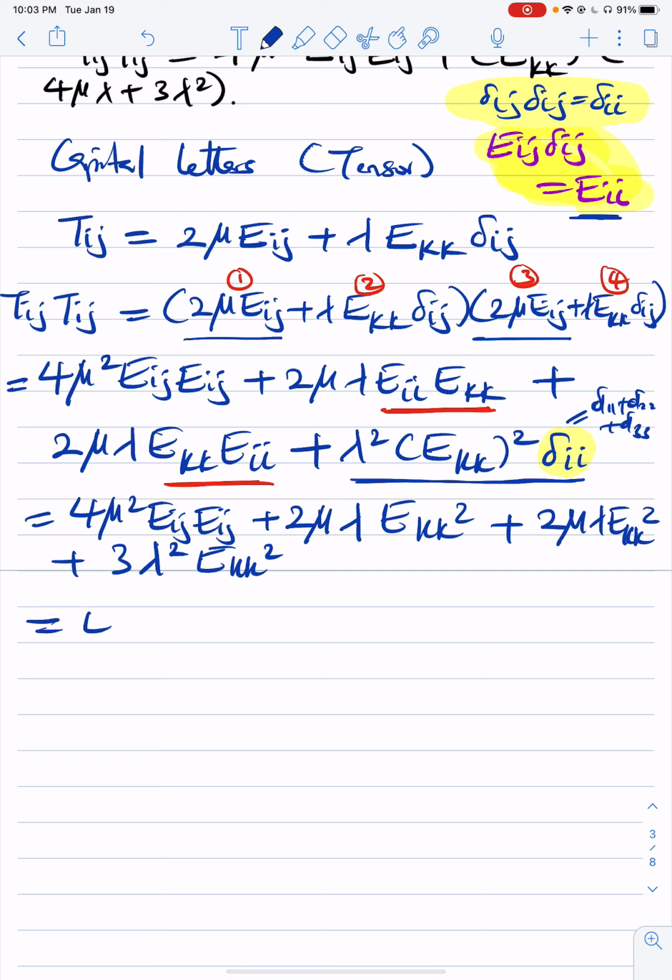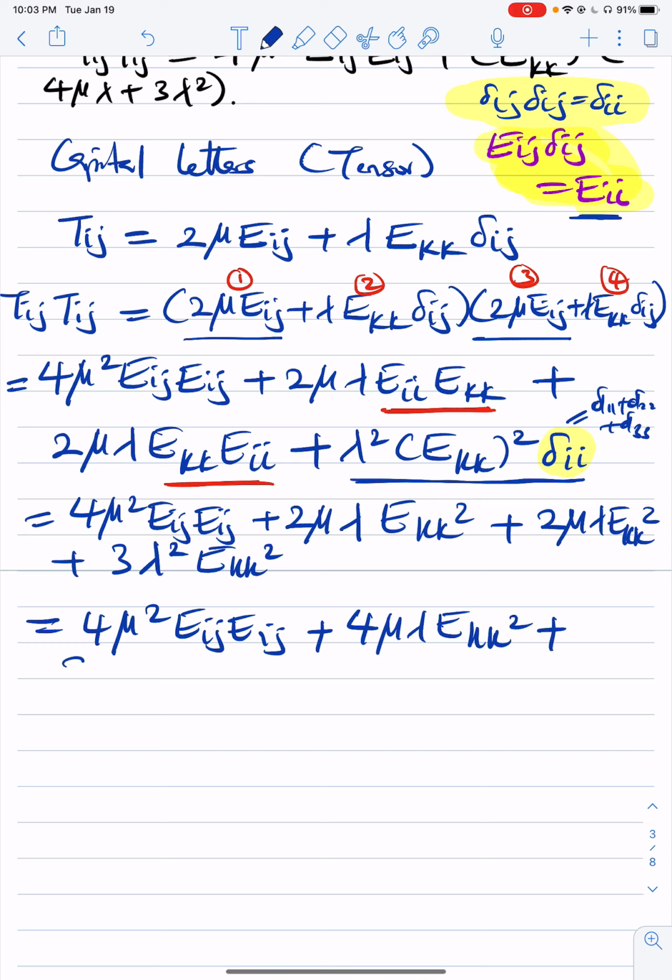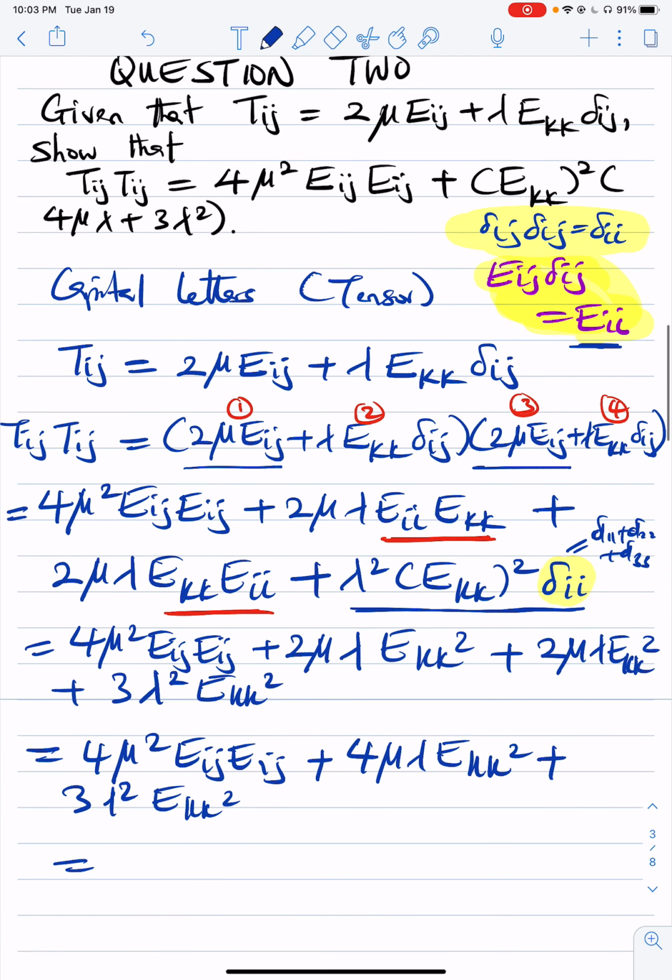So we're getting to the final expression. 4 mu eij plus 2 mu lambda ekk squared. You see it appears 2 times, so if you add them, it should be 4 mu lambda ekk squared plus 3 lambda squared ekk squared. So you just look at it, you can already see where the second expression comes from.